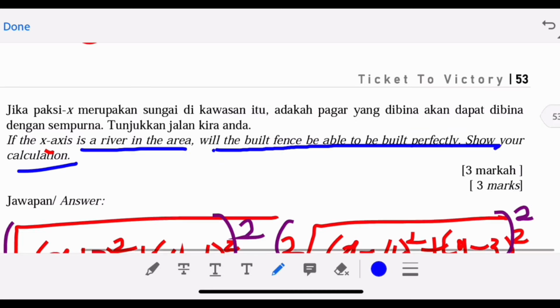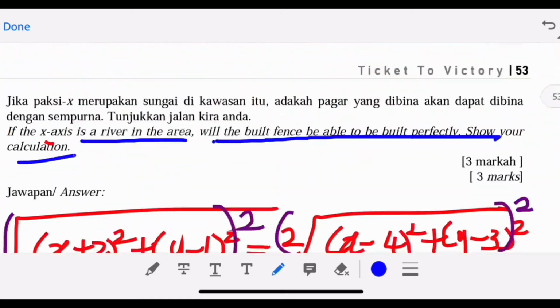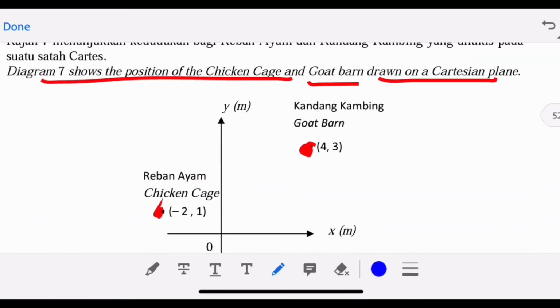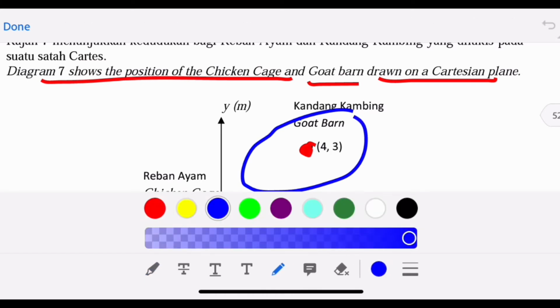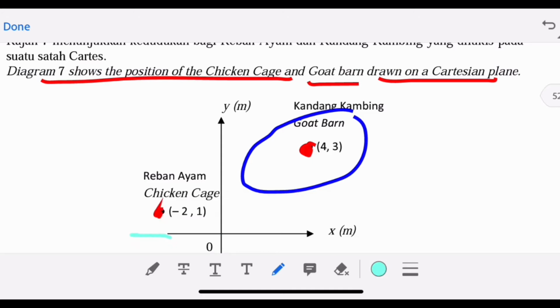Show your calculation. So this is the goat barn, and the fence can be like this. The first case is whereby it does not touch the river. The river is the x-axis. This is the river, right?